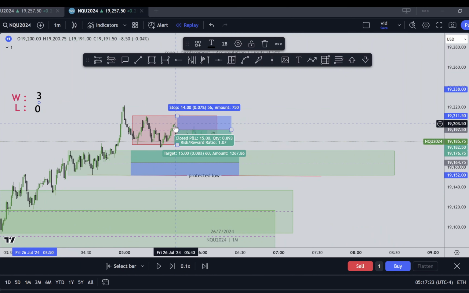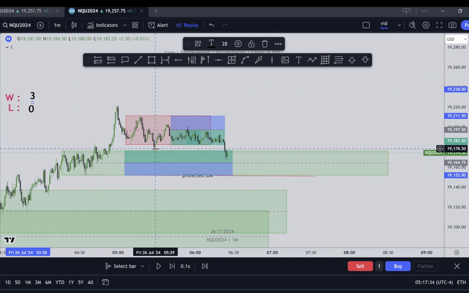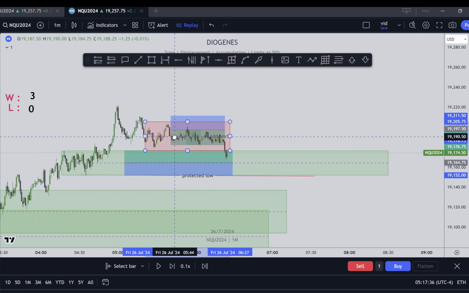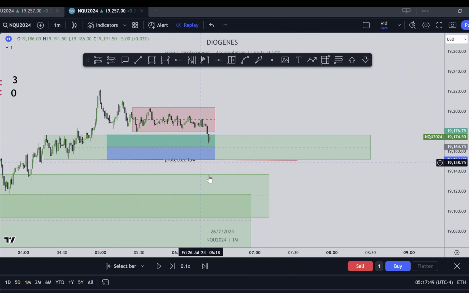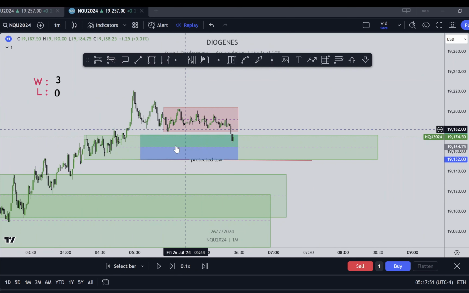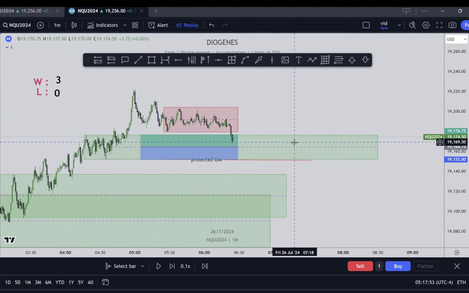So, by closing under this zone, we have our new zone. I'm always, as you can see, playing with the current trend. Okay? Having in mind this 50%. Alright? So, let's play it. Let's just take it.